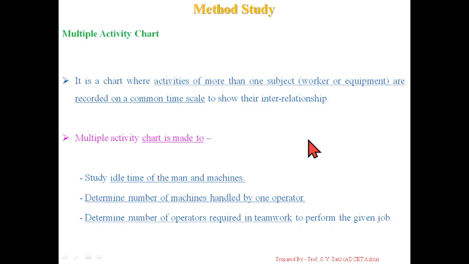This multiple activity chart is also used to determine the number of machines that can be handled by one operator at a time. It is also used to determine how many operators are required in a teamwork.